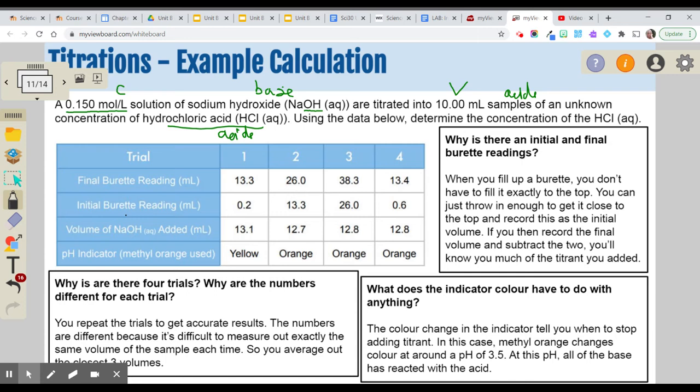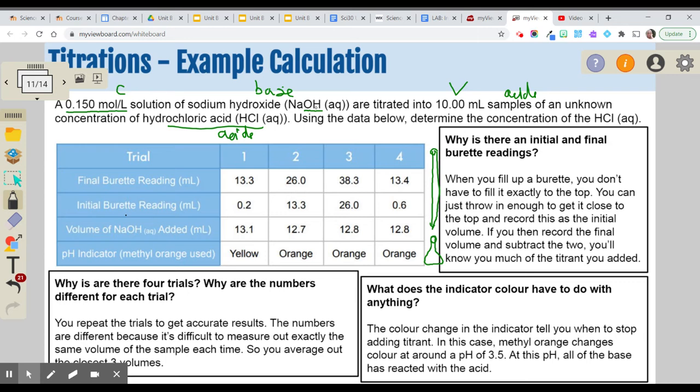Alrighty, a few little things first. There's not a lot of drawing space on here, so I'm going to quickly draw. There's my Erlenmeyer flask where my sample is. Here's my burette where my titrant is. This is where the known solution is going to be, the one that you know the concentration of.